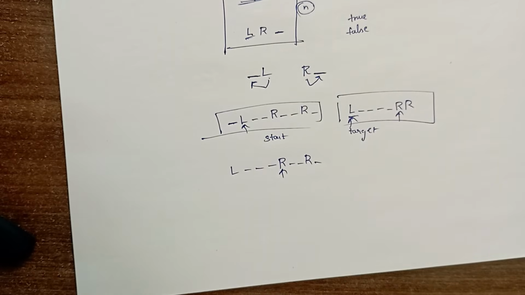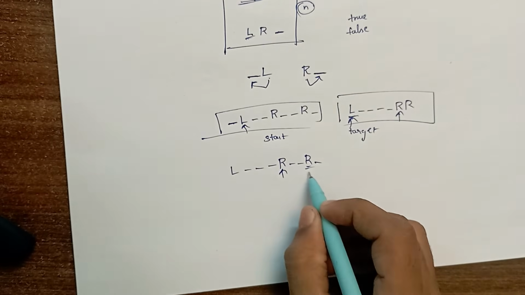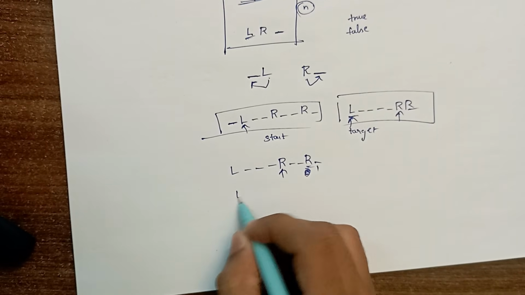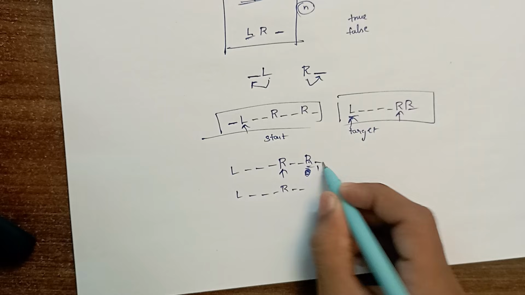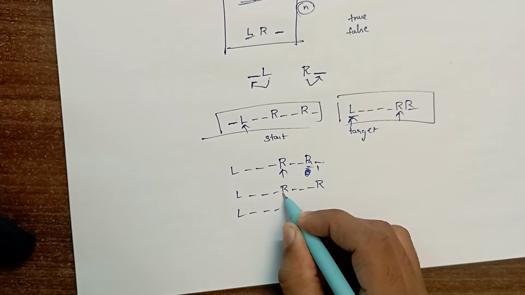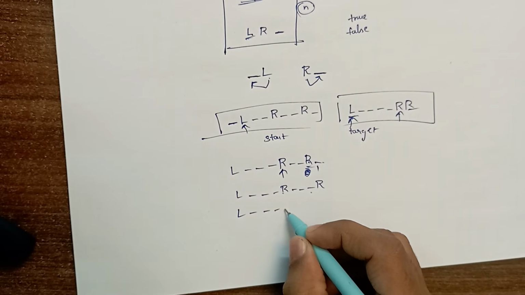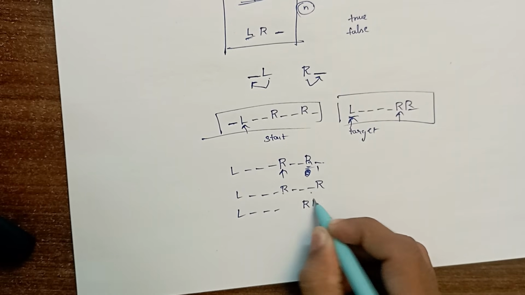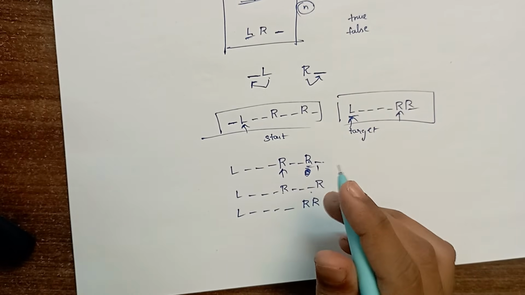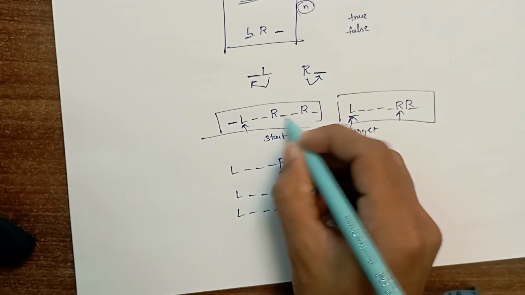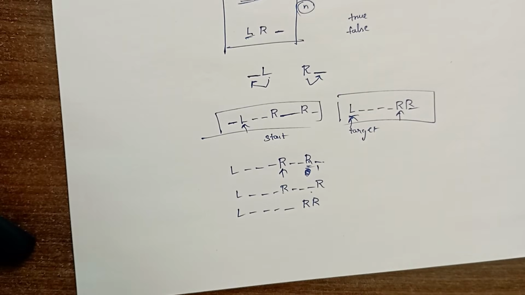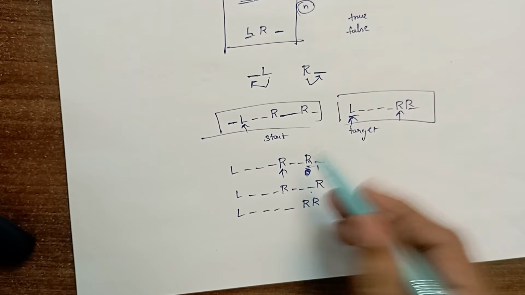This R is at the last position, and this R can be moved to here, and then this R can be moved to here. So there is only one underscore here.